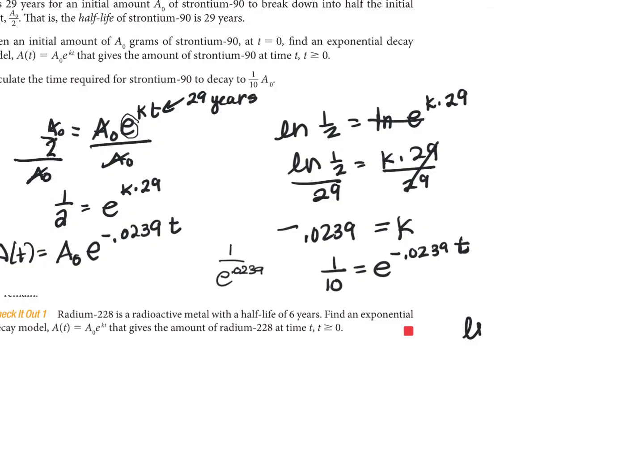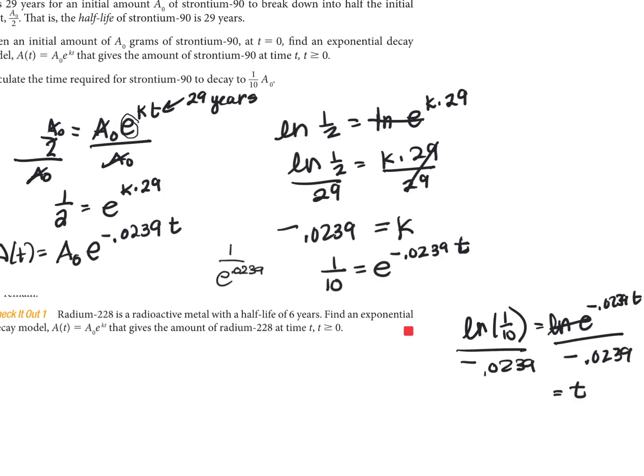So I take the natural log of 1/10, the natural log of e to the negative 0.0239 t, divide both sides by negative 0.0239, and that will give me my time.